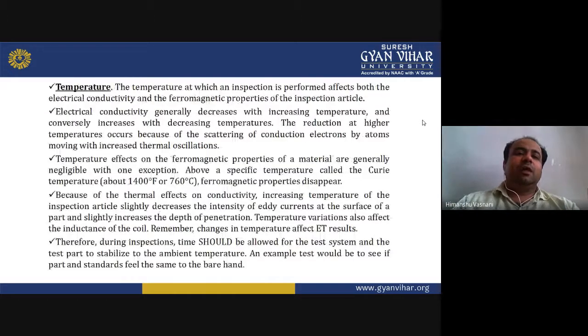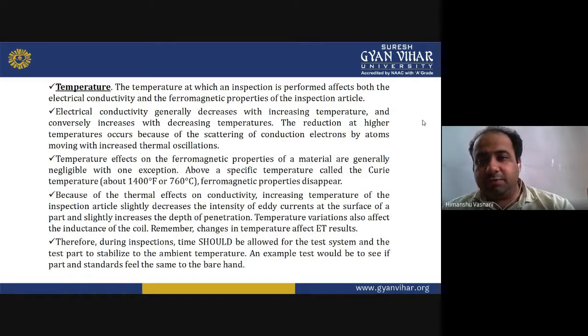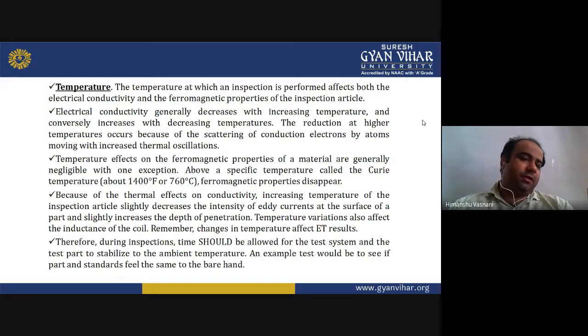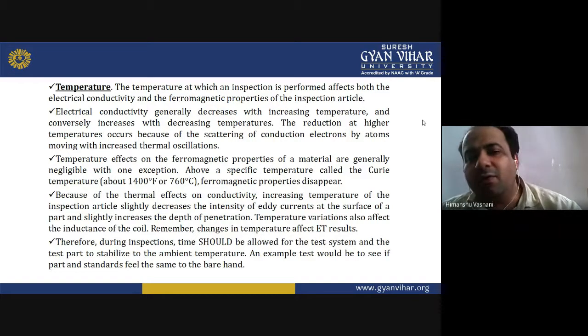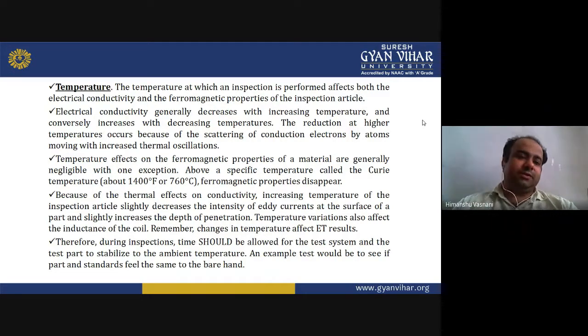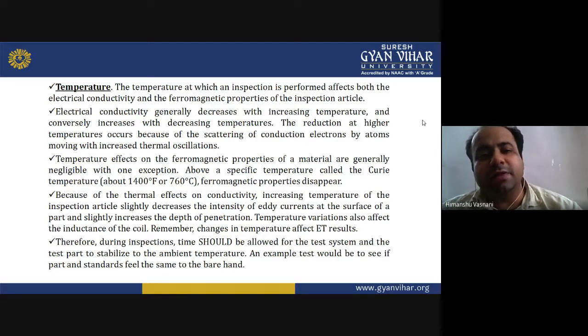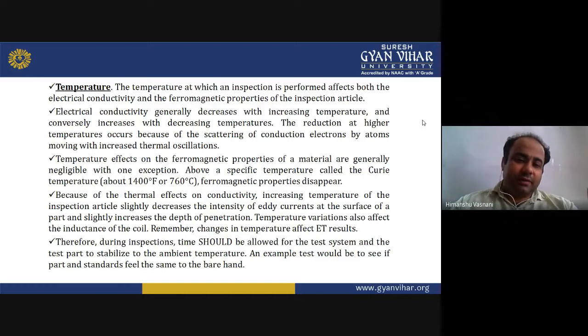Now the temperature. The temperature is also very important when we talk about these things. The temperature at which the inspection is performed affects both the electrical conductivity and the ferromagnetic properties of the inspection article or the workpiece. They say that the electrical conductivity decreases with increasing temperature.